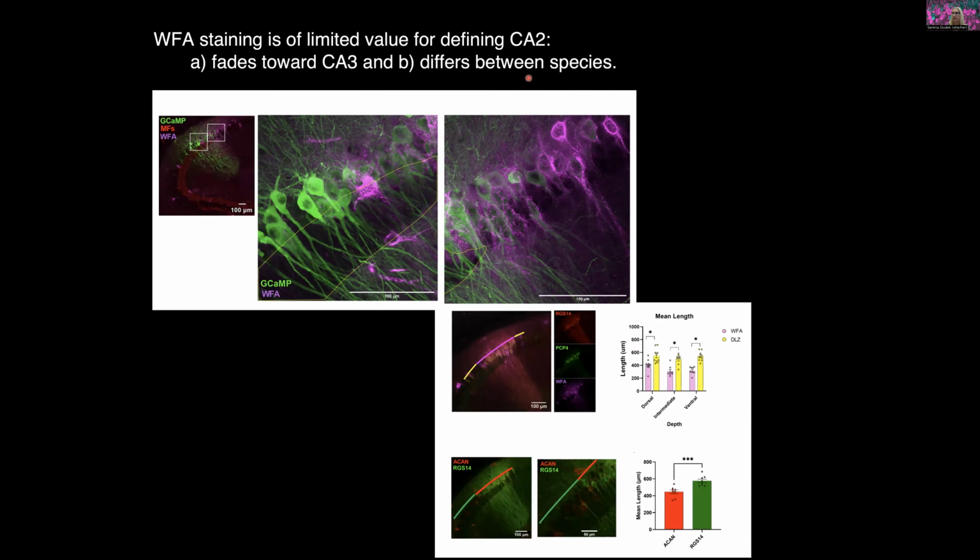So when you had Gi DREADDs, we got an increase in the perineuronal nets, or the Gq DREADDs led to a decrease. So these are activity regulated, and maybe this suggests that these cells might be less active, but I don't think we can say this at this point. But the strong difference between species is what I would argue makes it maybe not the best marker.